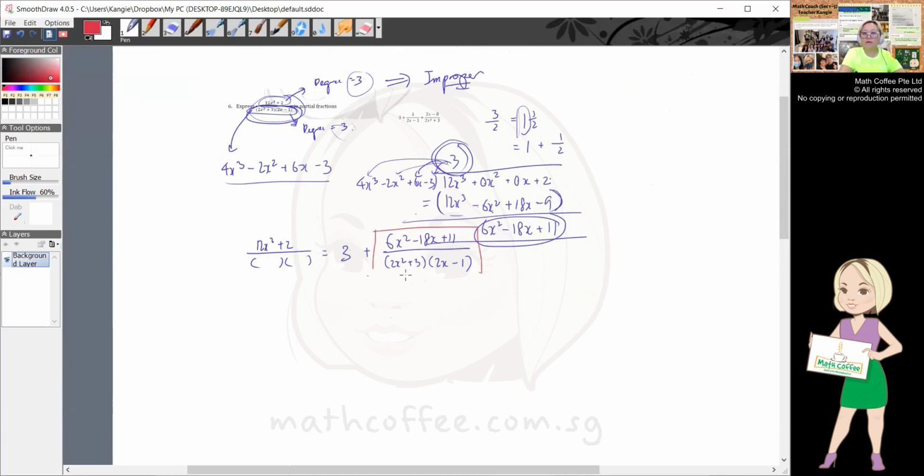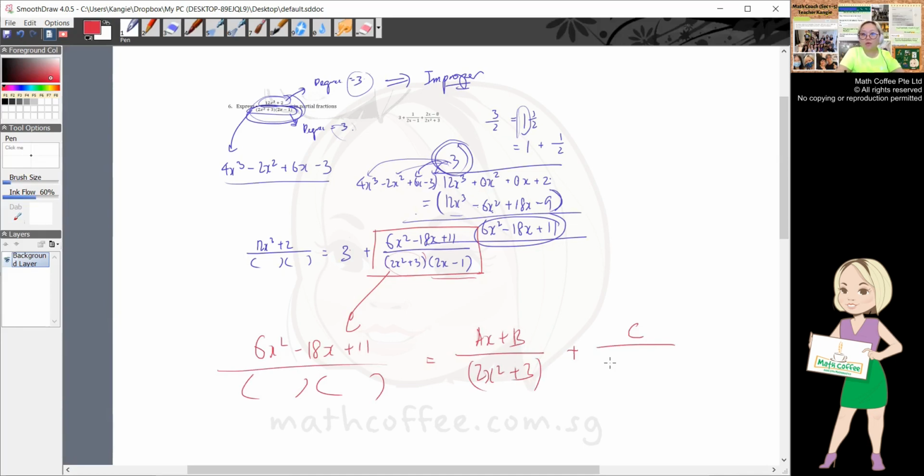Look at this proper fraction. This proper fraction will be what I have done in the above questions. Apply case 1, case 2, case 3. So let's take 2x squared plus 3. Oh, this is case 3. So first, of course, I write out the question first. It equals ax plus b over 2x squared plus 3 plus, this is the linear, c over 2x minus 1.